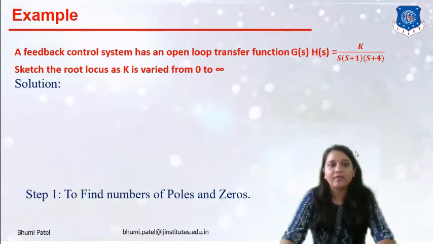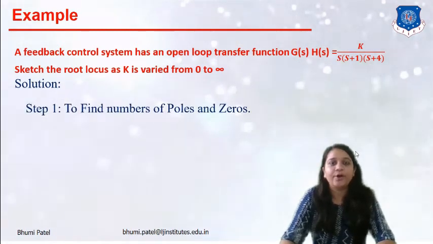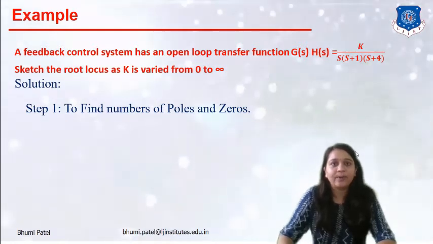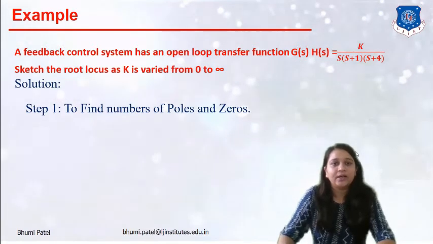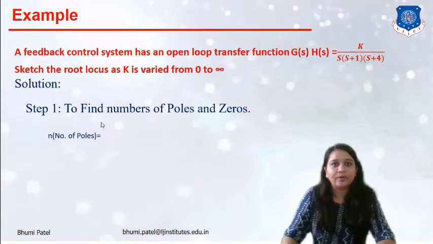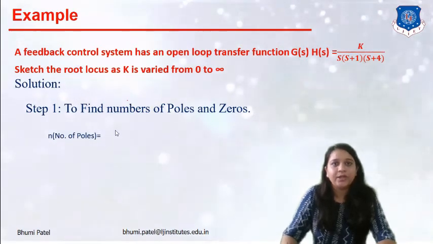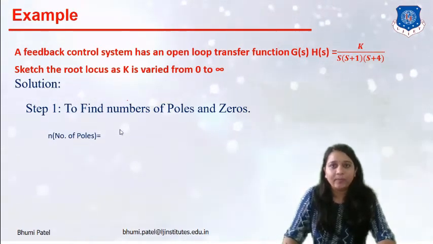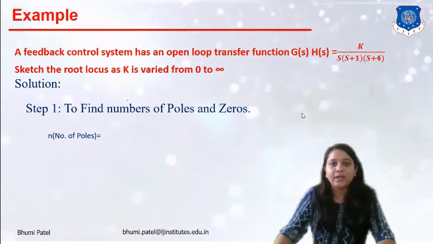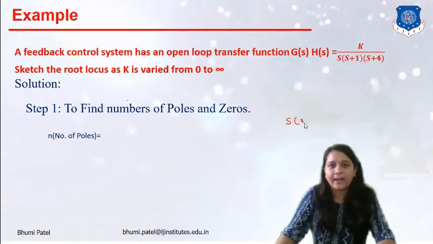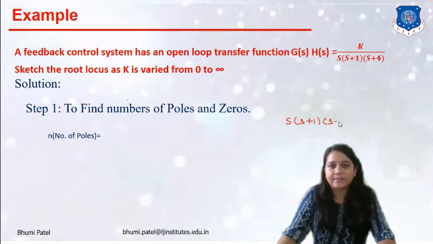Step number 1, find the number of poles and zeros for the transfer function. Here n is the number of poles. In the denominator we have 3 terms: s, s plus 1 and s plus 4.